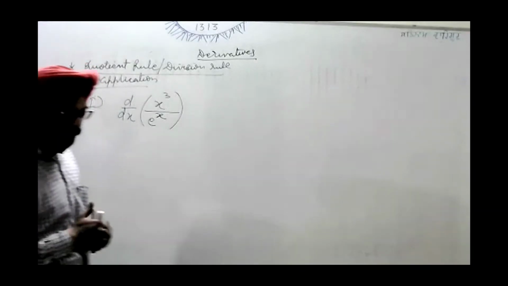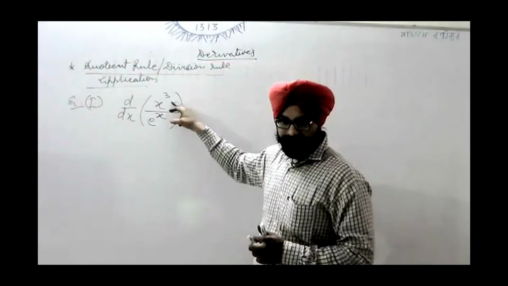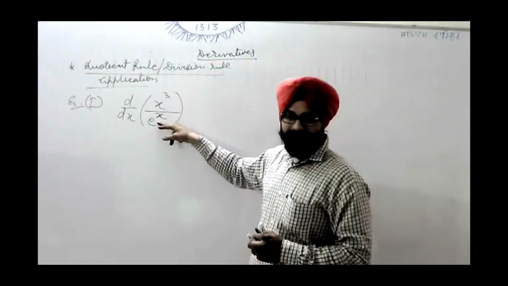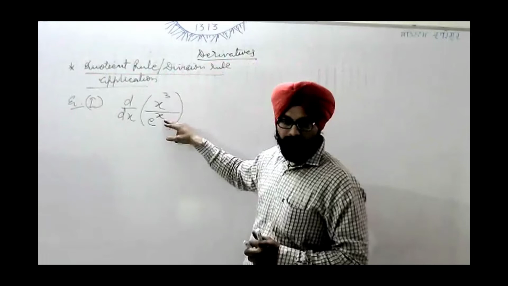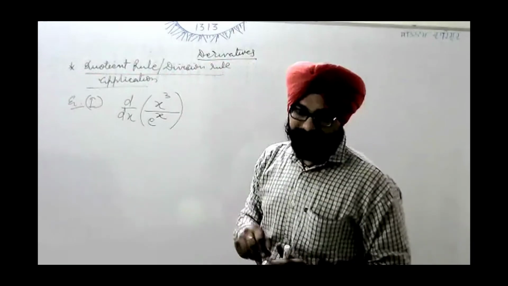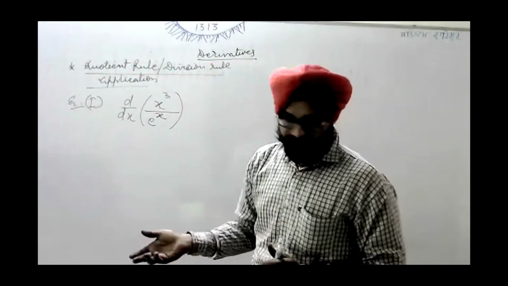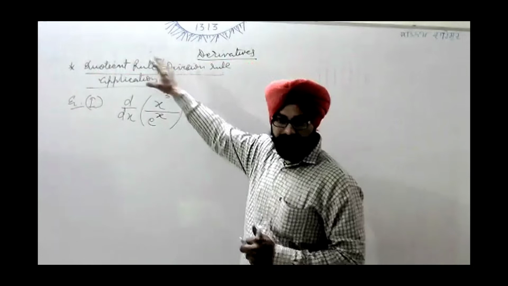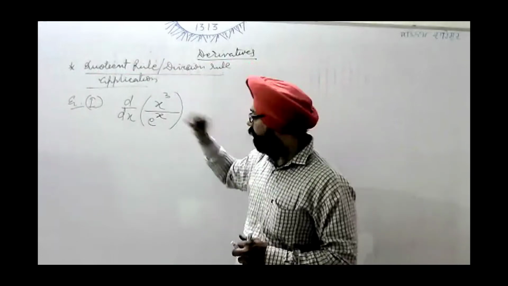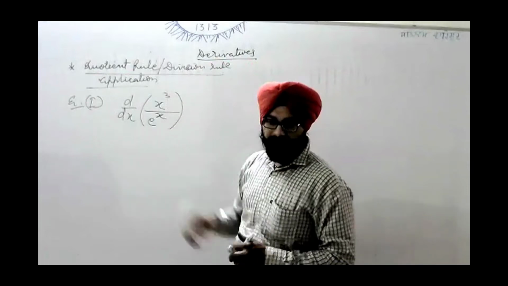Now we have two methods. Whenever these are single functions, this can be brought up by taking its power to be negative, but for that one additional concept is needed, chain rule, which will be done later. That is why we will follow strictly the quotient rule only. What is given? One function is given as numerator, the other as denominator.